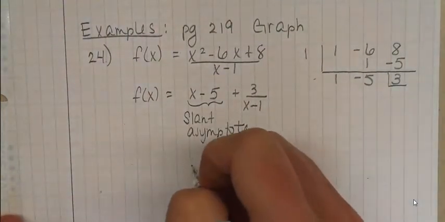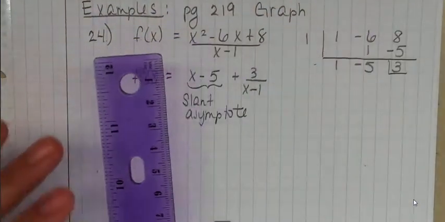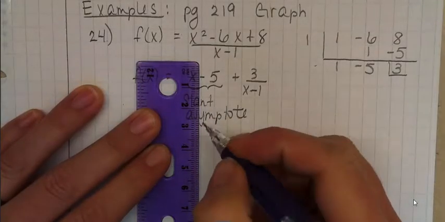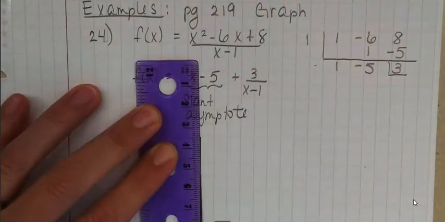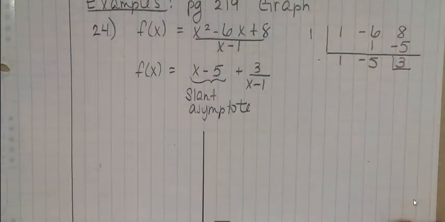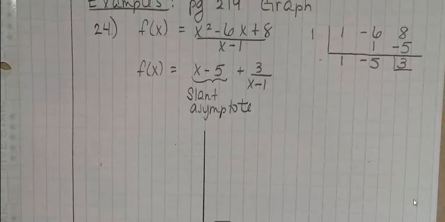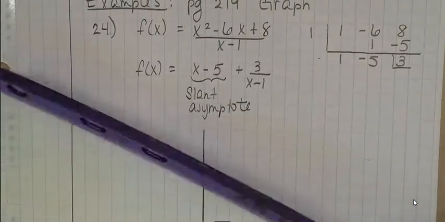Okay, so let's get a graph going here. I'm going to use a ruler to try and be neat. Now, the rest of everything still stays the same.